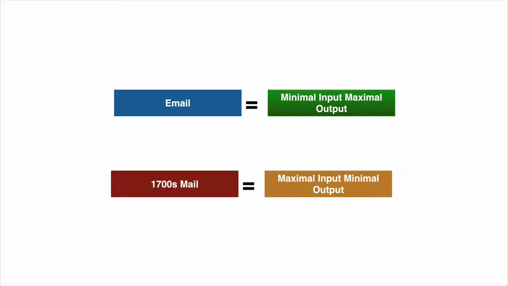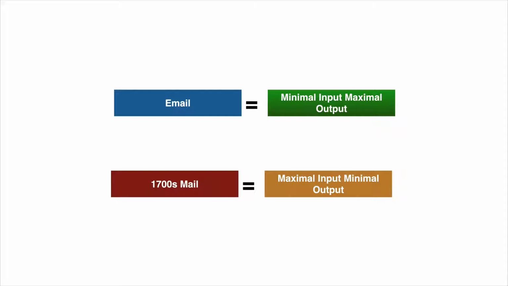You have to write the letter, get it to the post office or whatever it was. Then they have to send someone, a human, to travel for 14 days. They probably got to pay that human, feed that human, and put in a ton of effort just to deliver one piece of mail. So tons of input and minimal output compared to email, right?